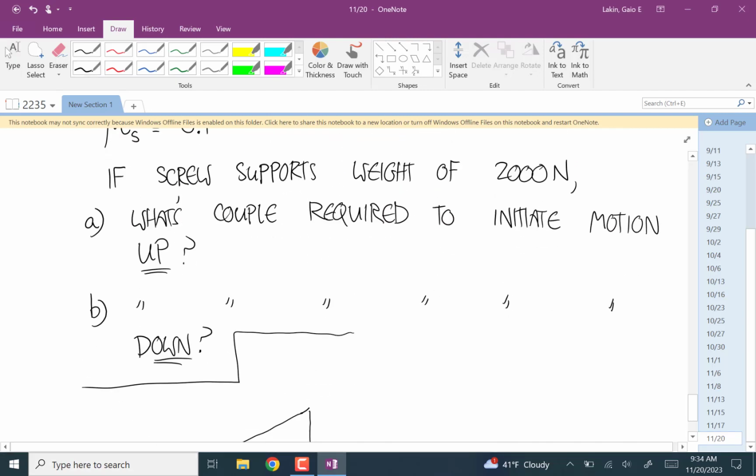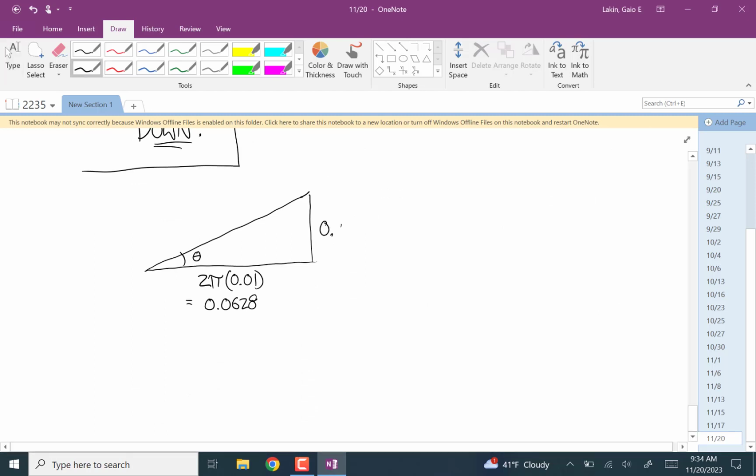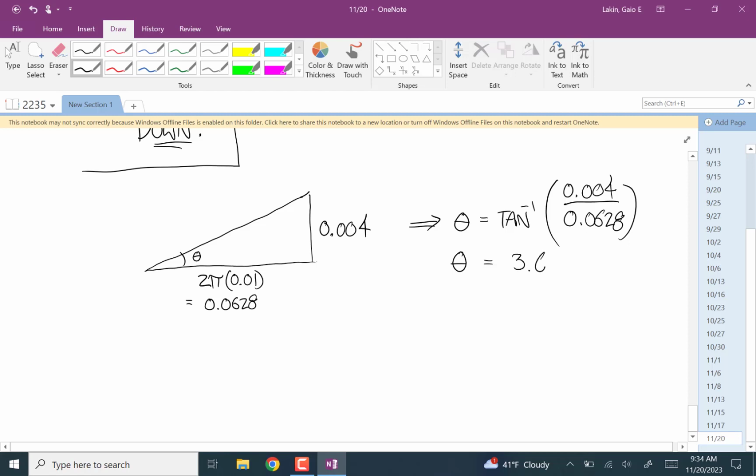The pitch is also the lead, and that's 0.004. And so that tells us that theta is equal to the inverse tangent of 0.004 over 0.0628. And you get a value for theta of about 3.64 degrees.